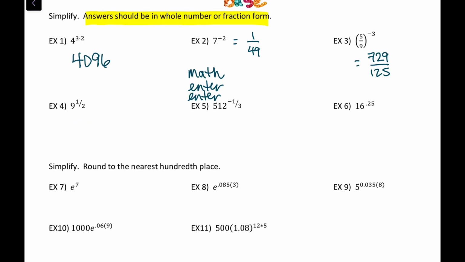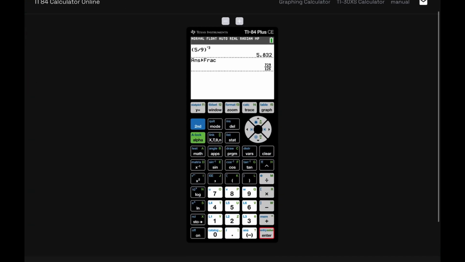Another way you can type number 3 in the calculator, and I really like this function, but it only works on the 84. So if you have an 83, you can forward through this. If you hit alpha, so the green button or the button right below second, and then Y equals, which is the very top left corner button, and then enter, it will actually give you a fraction on the screen. So I'm actually going to back out of that and put my parentheses like the problem has.